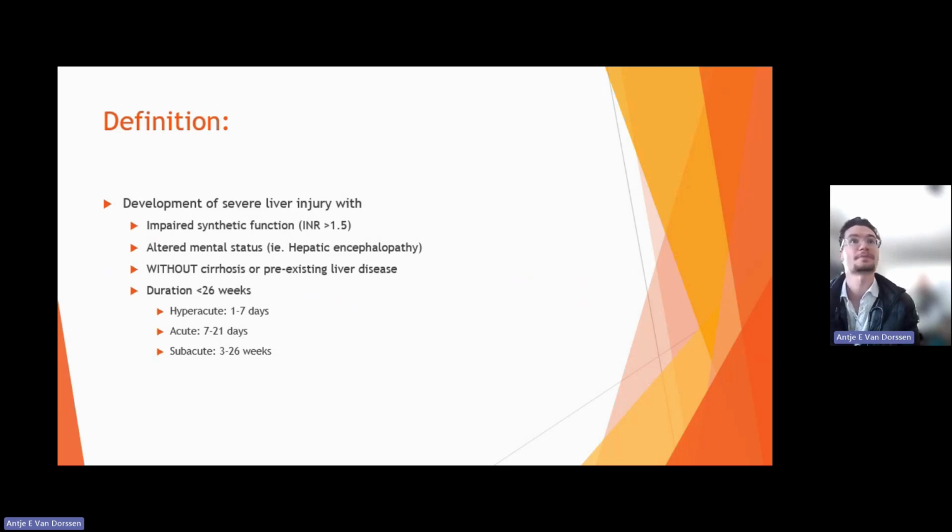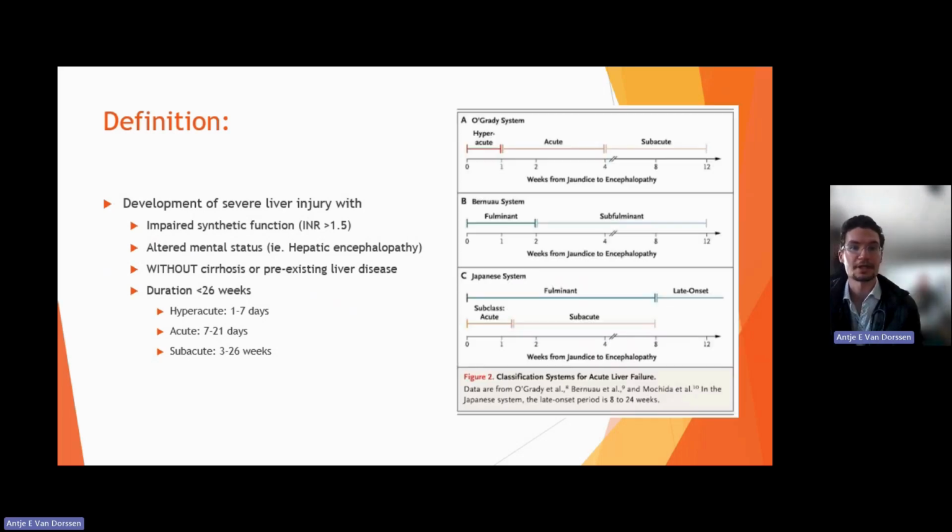This has always been an amazingly long period of time to call something acute for me, but that's how the structure is broken down: hyperacute within 7 days, acute 7 to 21 days, and subacute 3 to 26 weeks. So just know that even if this has been brewing for a fairly long while, it can still be considered acute liver failure. And we'll go through what each of these things mean.